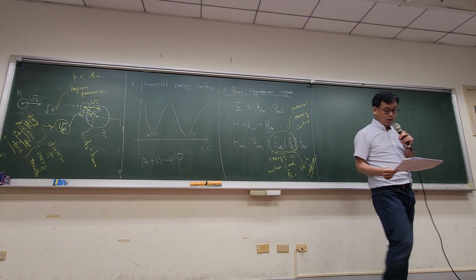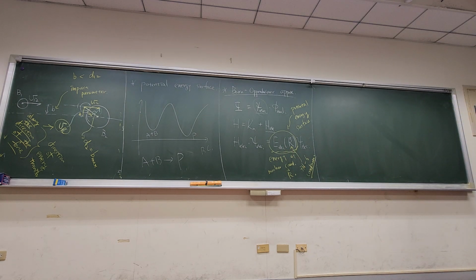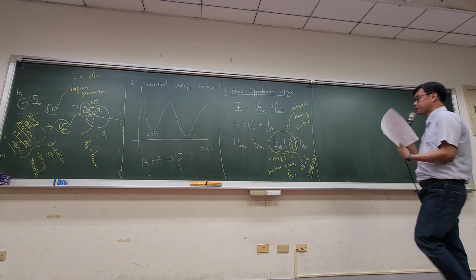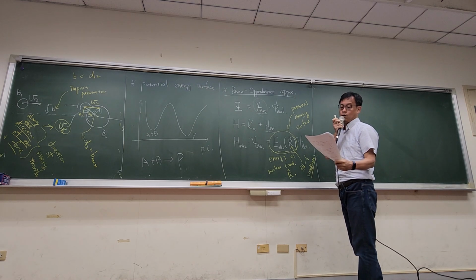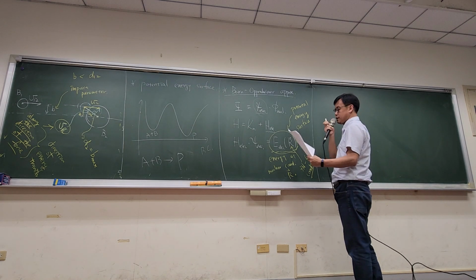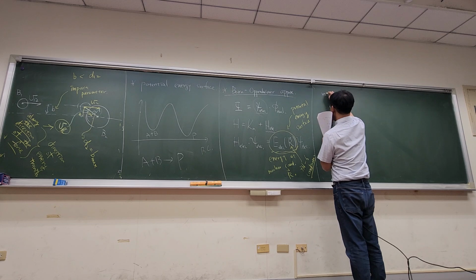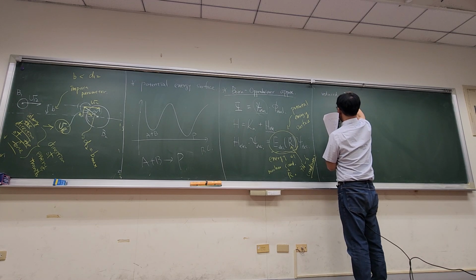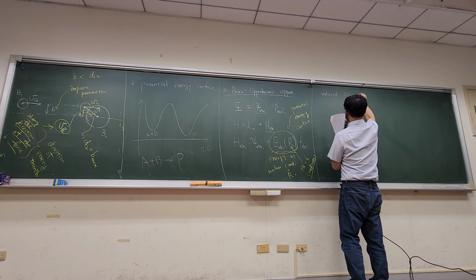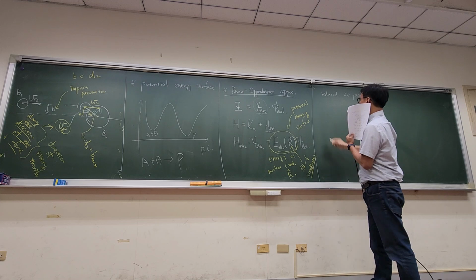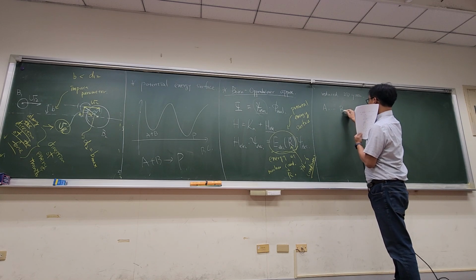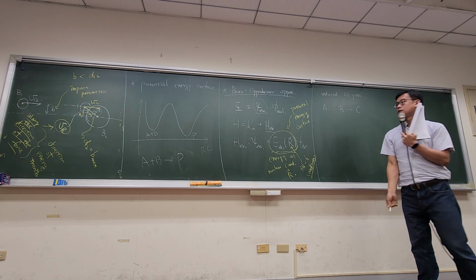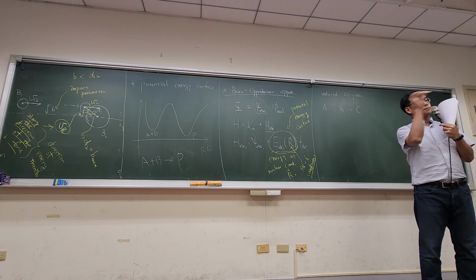Okay. Now, for simplicity, we can consider a reduced 2D system. That is, we consider A, B, C in a line.